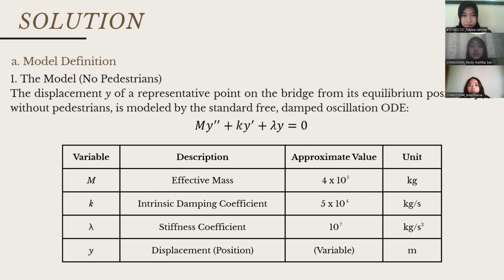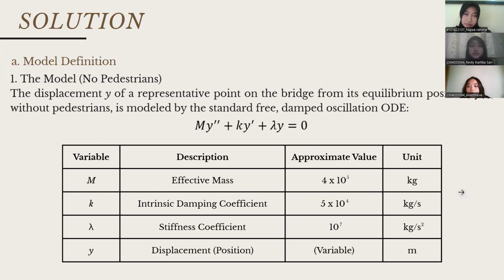Here m represents effective mass, k represents the intrinsic damping coefficient, lambda represents the stiffness coefficient, and y represents displacement or position.